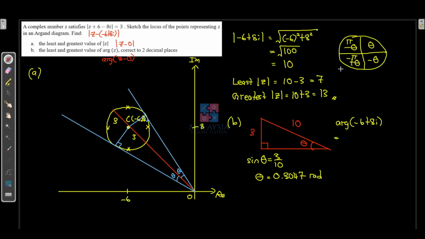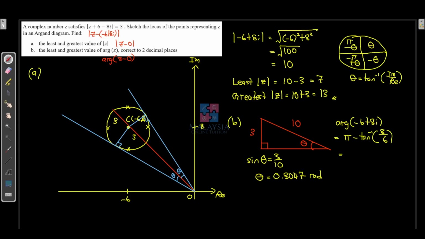Our theta is the tan inverse of imaginary over real. Since the center of the circle is in the second quadrant, we are going to use pi minus theta, so pi minus tan inverse of the imaginary, which is 8, divided by 6. Always take the positive value for the imaginary and real.